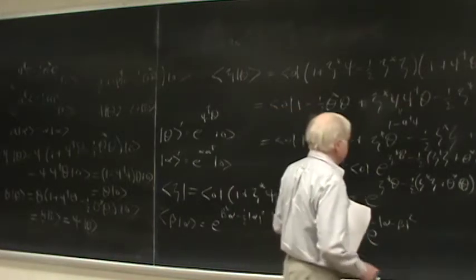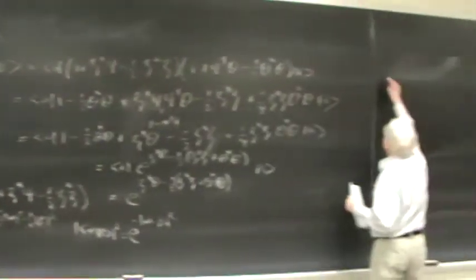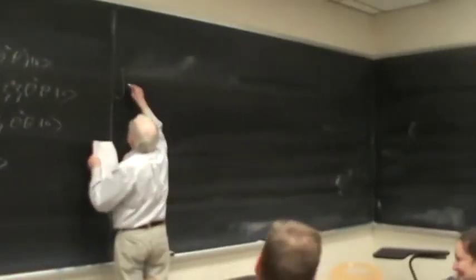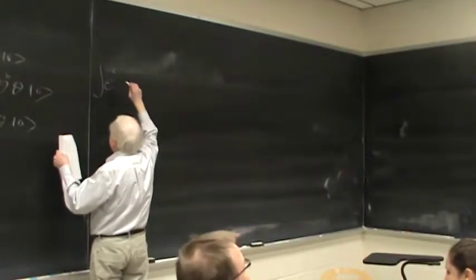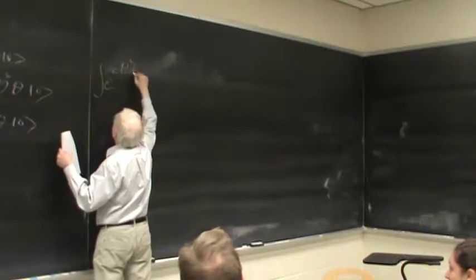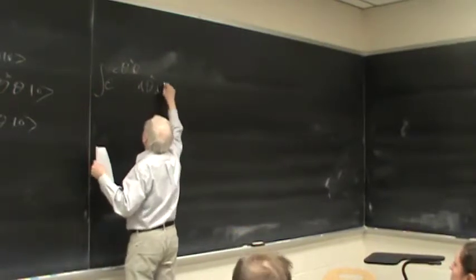Okay, now there's a formula that's worth looking at, namely the integral of e to the c theta star theta, d theta star d theta, where c is a complex number.